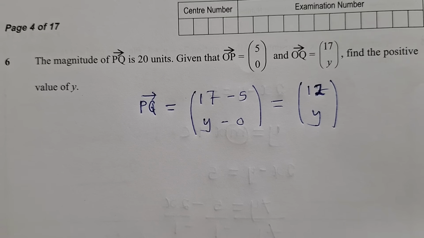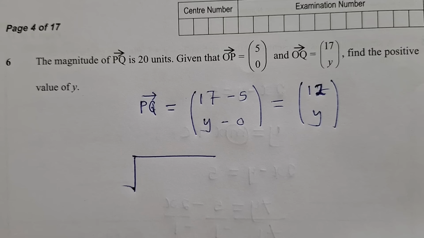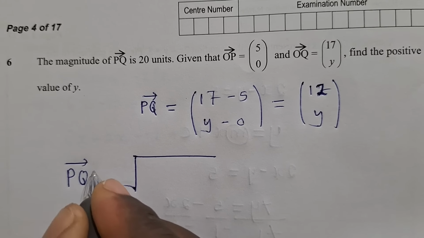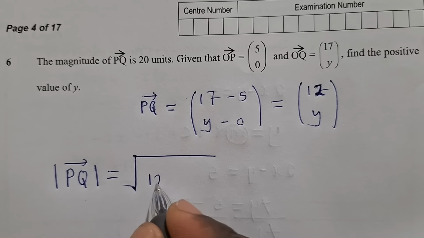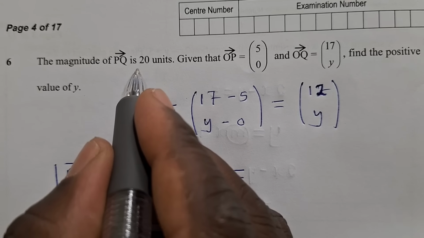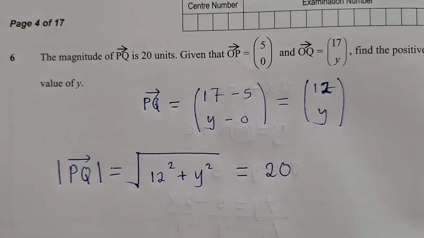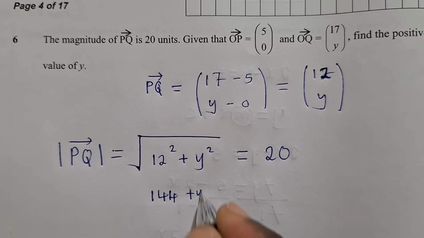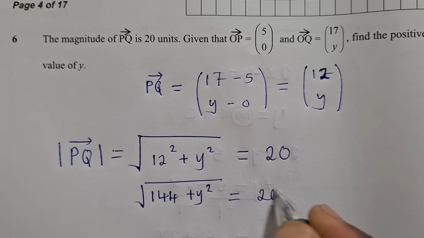Okay? So once we get that, we use the formula for finding magnitude. So magnitude is the length. So the length of this vector will be the square root of 12 squared plus y squared. And according to the question, they are saying it's 20 units. So we shall say it is equal to 20. Here it will be the square root of 144 plus y squared is equal to 20.